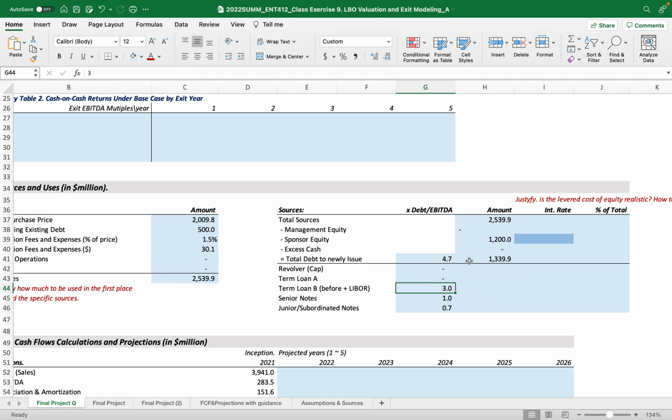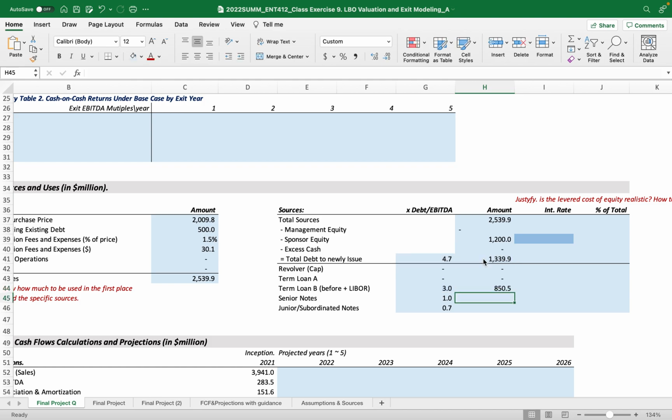Now we allocated this debt to the EBITDA multiple here, right? And then let's calculate. We don't have any term loan. Now let's get this amount, 3 point. Now we need to allocate this 3 times divided by 4.7 times.